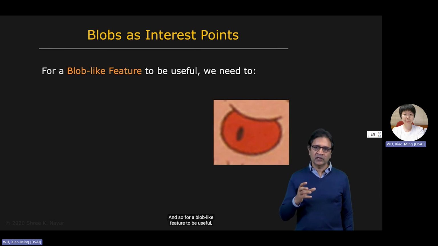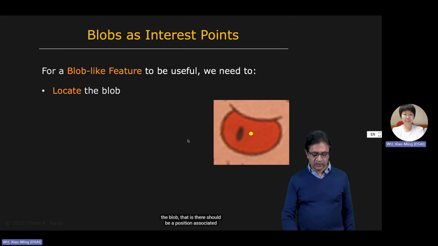And so for a blob-like feature to be useful, we need to have certain attributes. First, we need to be able to locate the blob. That is, there should be a position associated with it. The position doesn't have anything to do necessarily with any particular feature inside the patch. It is a position that emerges from the way we actually do the detection of blobs.